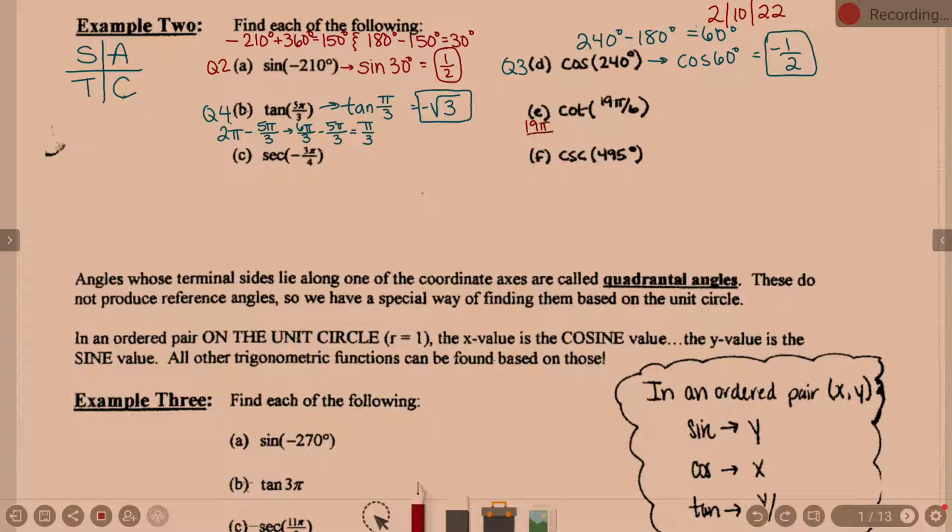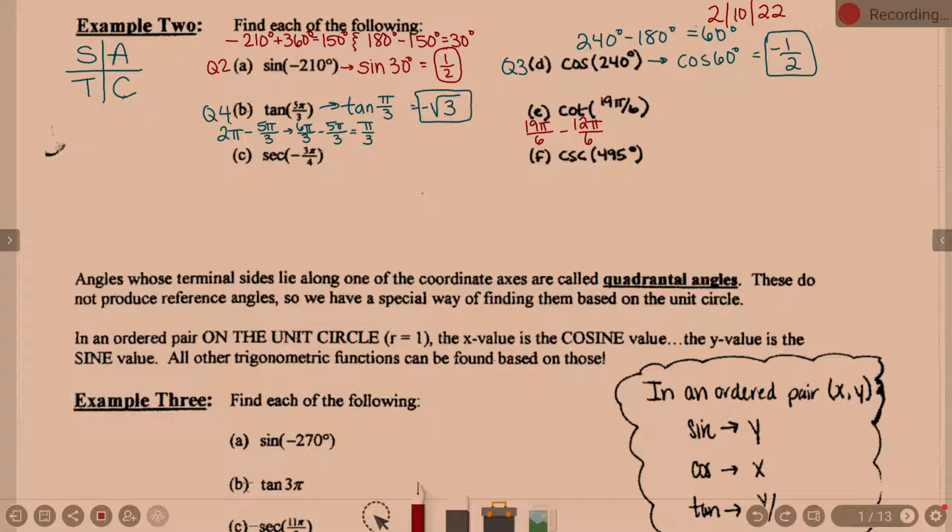So 19 pi over 6. I'm going to subtract 2 pi. What do we know about 2 pi this time? This time I'm working with a denominator of 6. And so 2 pi is going to be 12 pi over 6. 2 pi has a lot of different forms, doesn't it? And we go with whatever one we need.